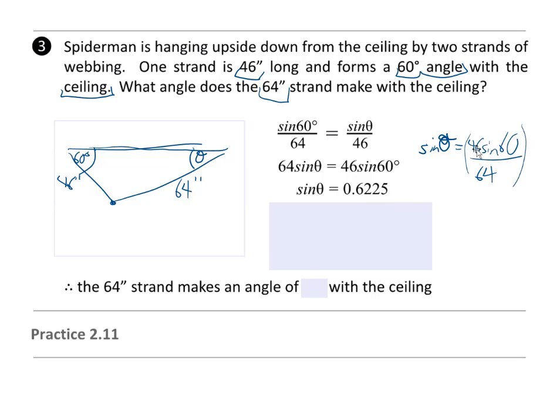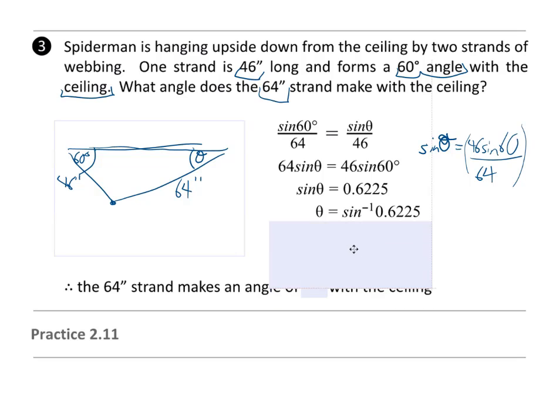So if you type in 46 times sine 60 and then divide it by 64, you should get a decimal that's rounded to this. If you punched it into your calculator, you'll have a longer decimal, or probably like 8 or 9 digits here. And then you take the sine inverse of whatever your answer is. Most calculators let you do that, and that'll give you a more accurate answer.